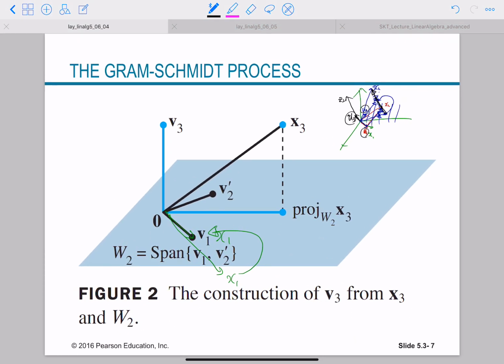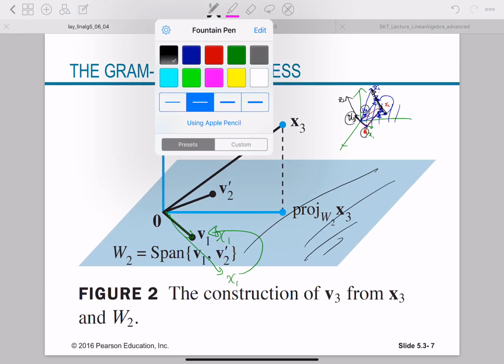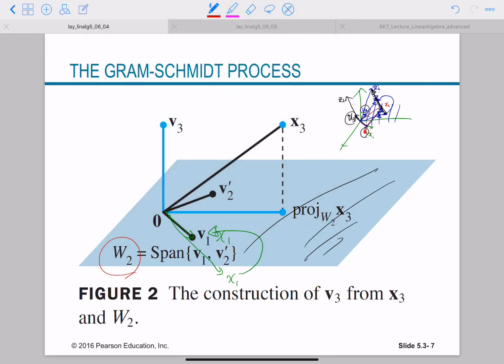If we have the subspace spanned by the two, and we are given x3, then we perform the typical orthogonal projection or decomposition, and this part becomes our z3, and then we just normalize it into u3.